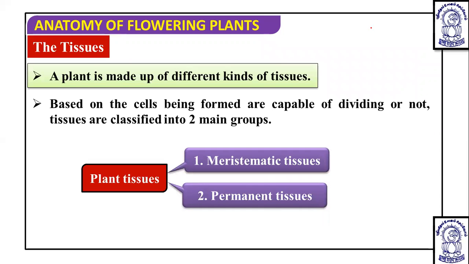So first we talk about meristematic cells. But remember, this tissue was classified into two groups by Carl Nageli.